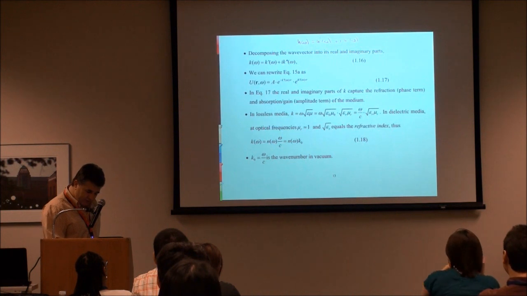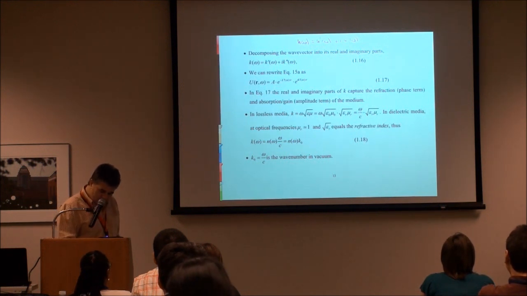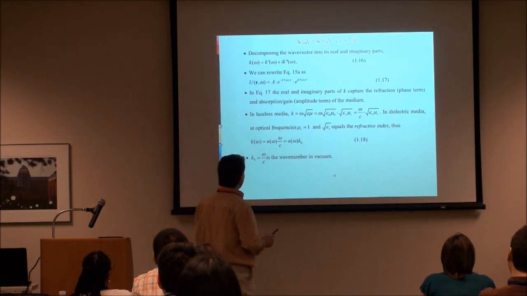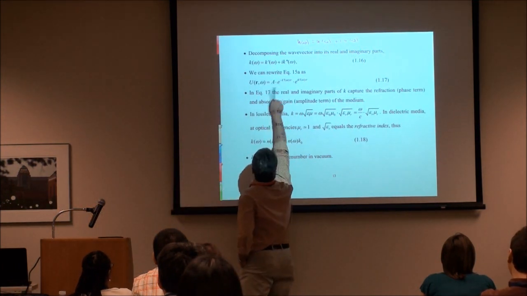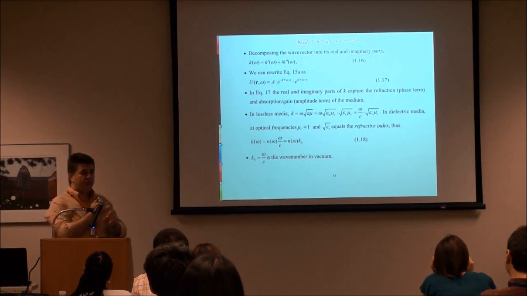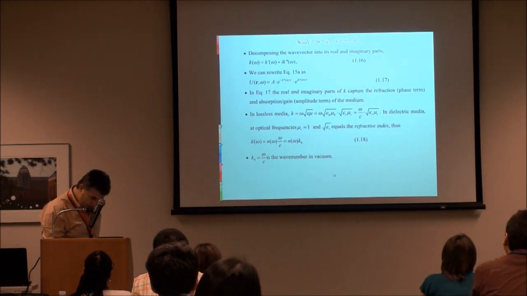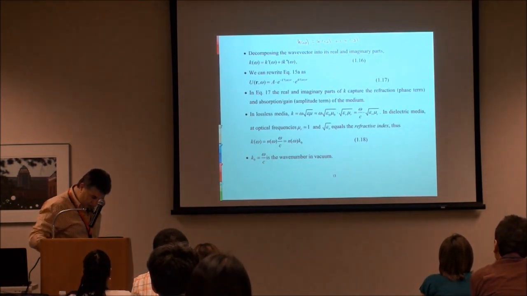Which means that if you multiply n with your k naught, you will get a real part and an imaginary part of k, which if you replace that in the plane wave, you will get one amplitude modulation right here. So you see the i from the k double prime with the i from the plane wave.